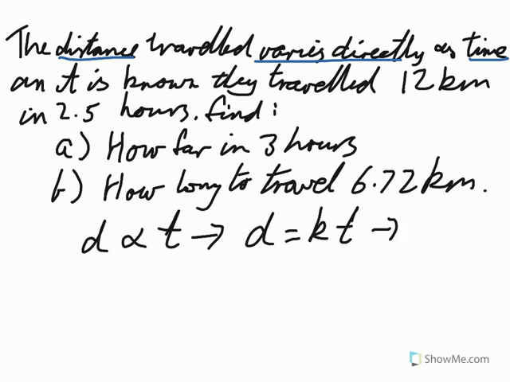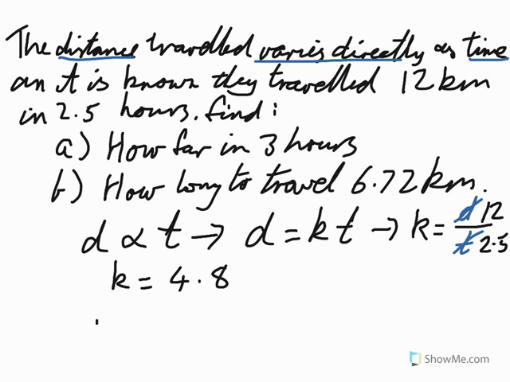So from that, we can get that K would be equal to the distance over the time, and the distance is 12 and the time is 2.5, and so replacing D and T, K, our constant of proportionality for this particular thing, is 4.8.